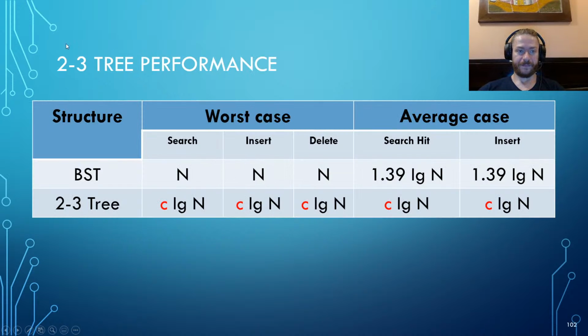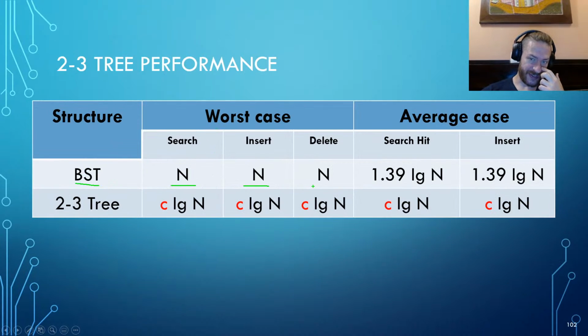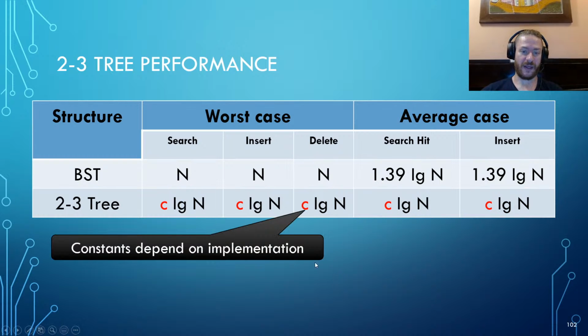So the performance of the binary search tree, in the worst case, for search, insert and delete is n, and the average case is something like this. With the B tree, everything is logarithmic and the constant depends on the implementation.